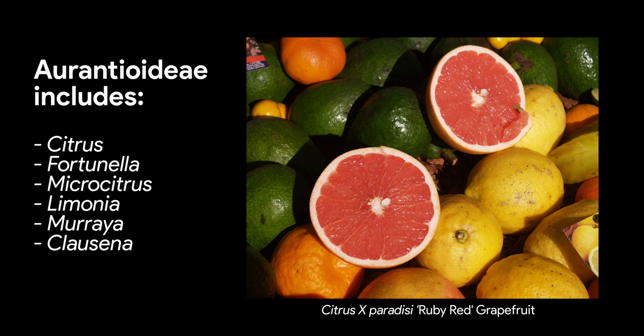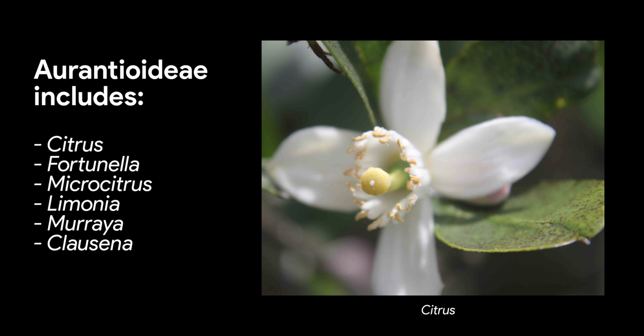The Aurantioideae produce fruit which is botanically a berry and contains pulp. This includes citrus, Fortunella, Microcitrus, and Murraya. It includes small to medium trees and shrubs, usually with fragrant white flowers.